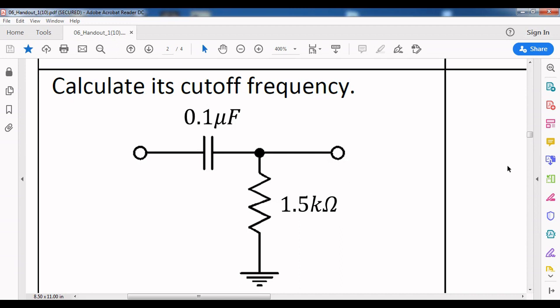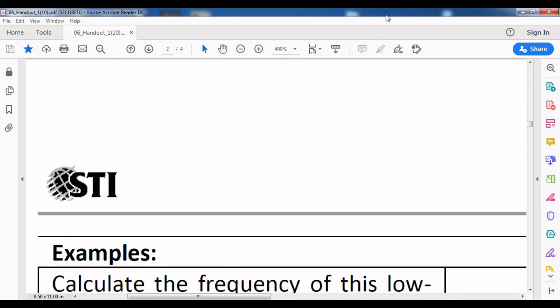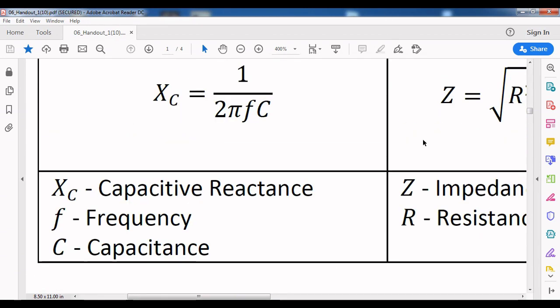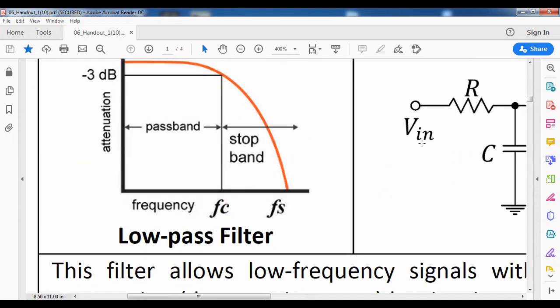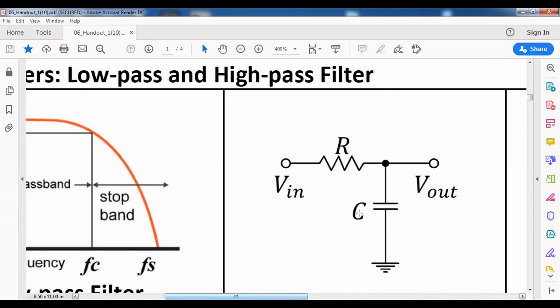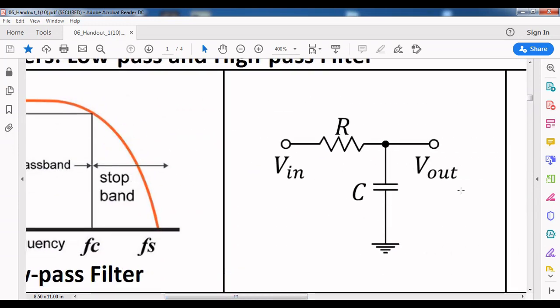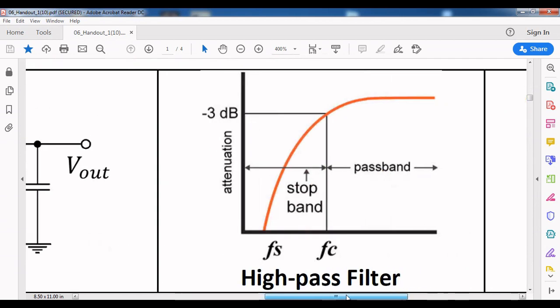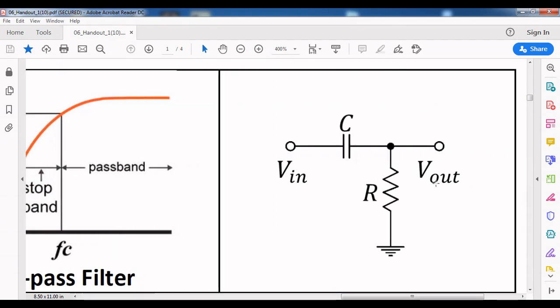Okay. So, just to remind you, let's take a look at the low pass and high pass again. So, a low pass has a capacitance in parallel with the output. If it's a resistor, then it's a high pass filter.